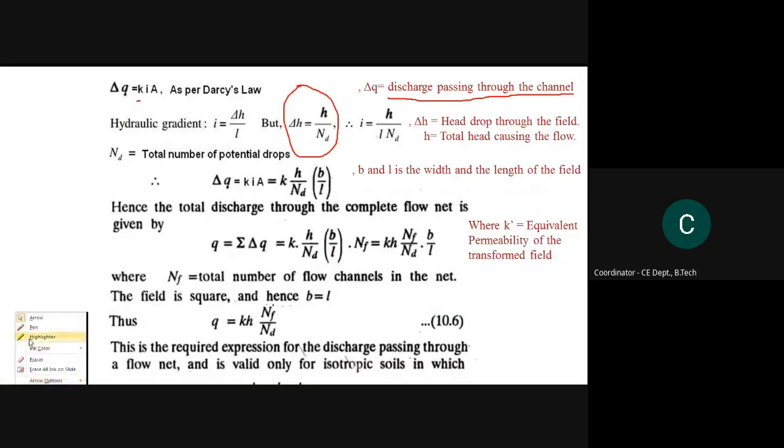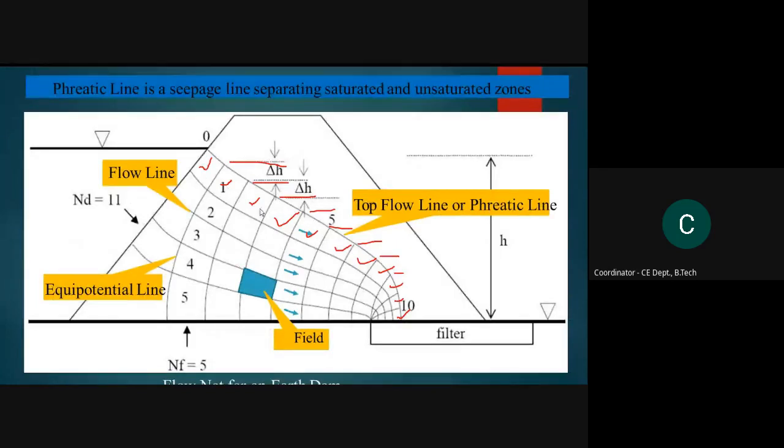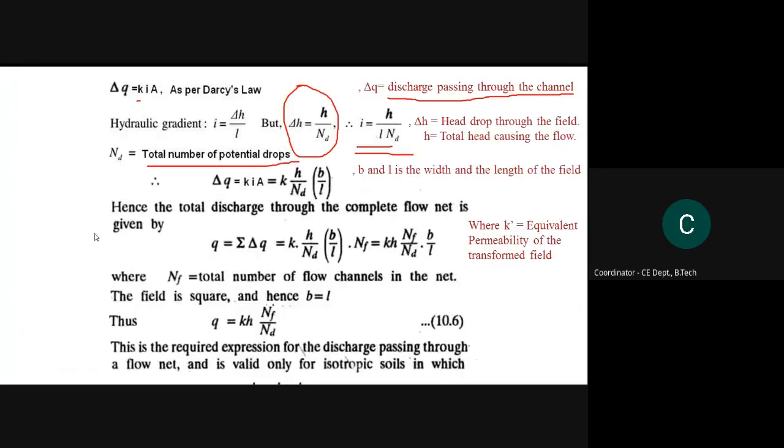If we put this del h value in the equation here, we get i equal to h by L into nd, where nd is the total number of potential drops. These horizontally inclined channels are called the total number of potential drops.